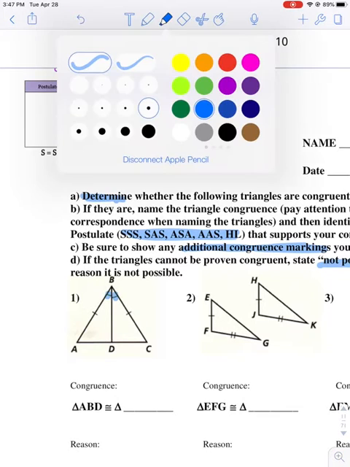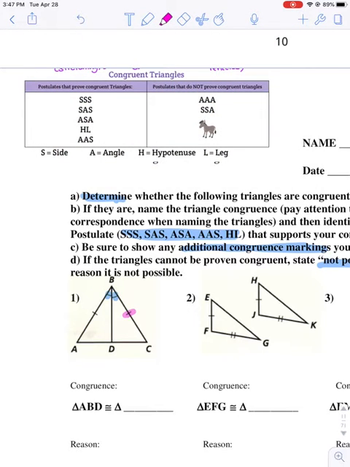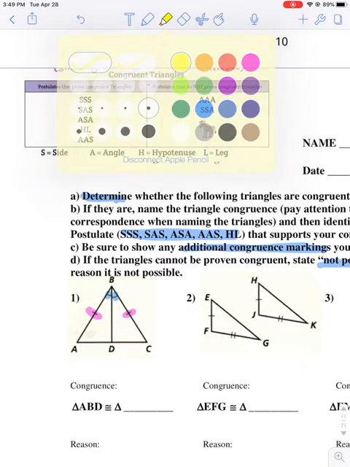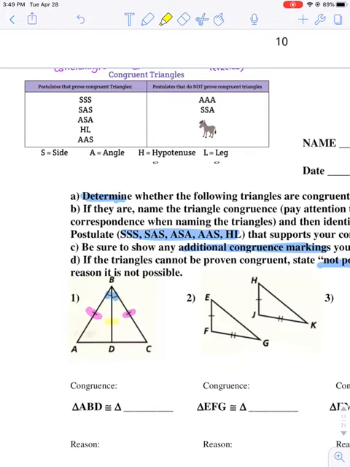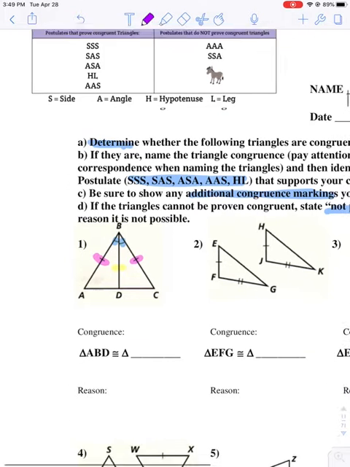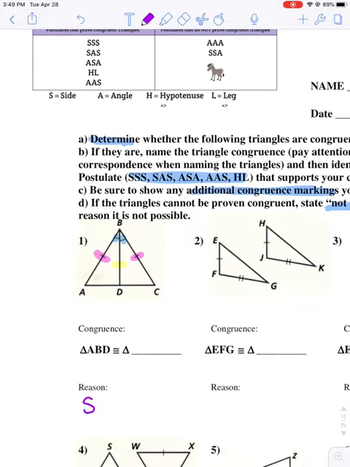So number one, this is how I'm kind of thinking about it. I see that they have this angle that matches, and I see that they have this side that matches. Do you see a third piece of information that we could use? It's right here. They share this side going up and down the middle.